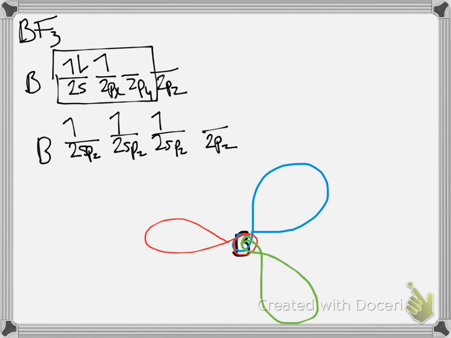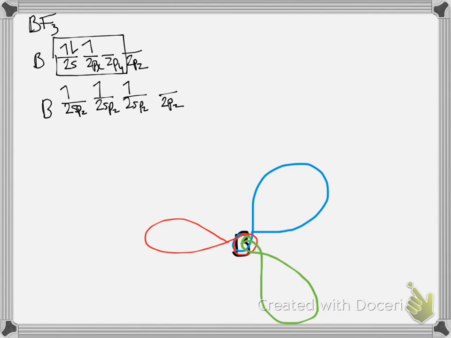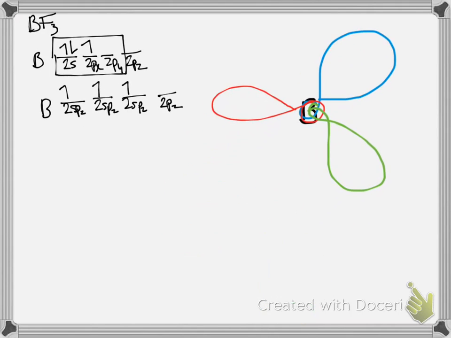And boron with that. That's as far away from one another as those electron clouds can get, right? This has one electron, this has one electron, that has one electron. It's got 3 hybrid orbitals that can bond.